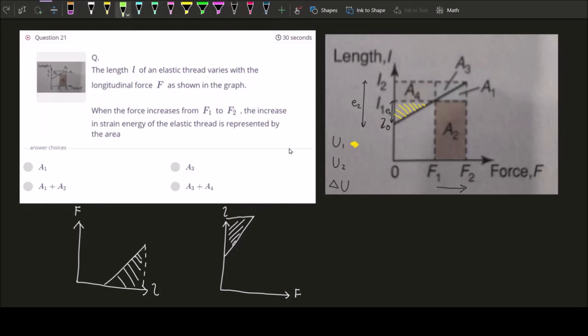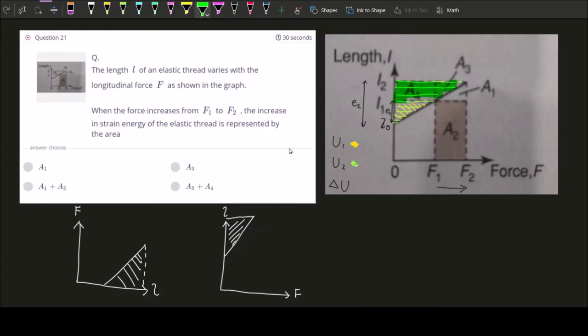For situation 2, labelled in green, our strain energy stored will be this amount here. So I believe you can see very clearly the increase in strain energy will be here.